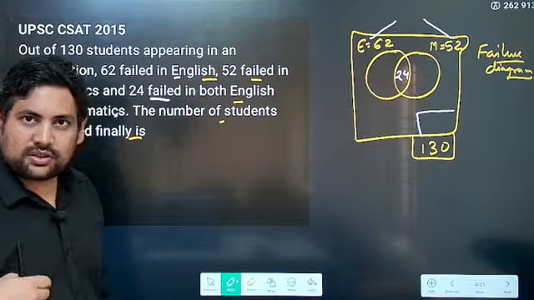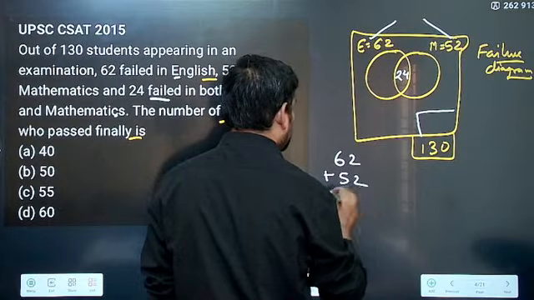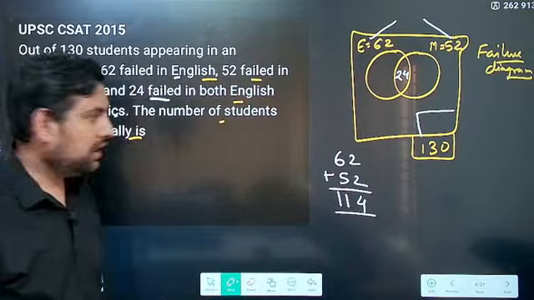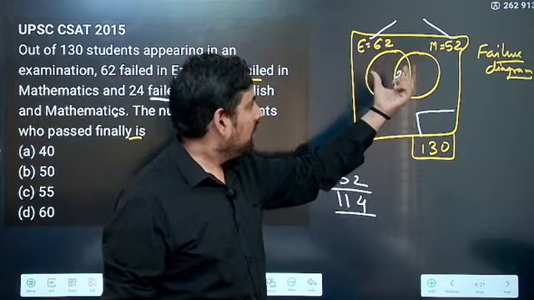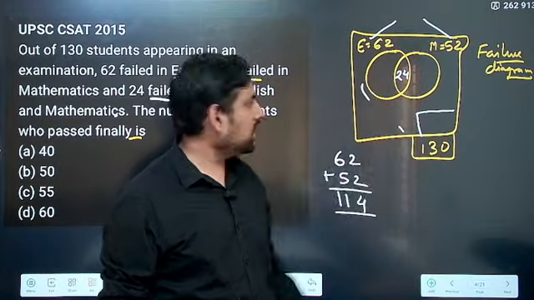So you can do the reverse also, that is, add them both. So 62 plus 52, 6 plus 5 is 11, so 114. 114 is the sum here, but if you subtract the intersection, you get the total that this figure represents.